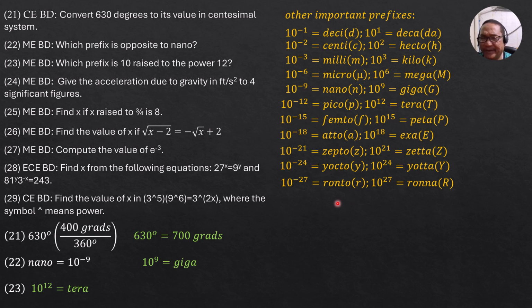Then finally, we have 10 to the negative 30, which is called the quecto, q, and 10 to the positive 30 is called the quetta, capital Q.